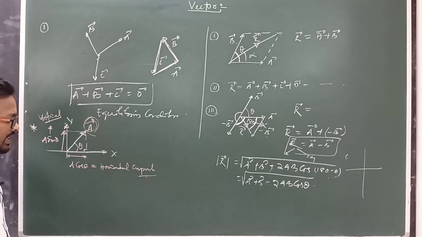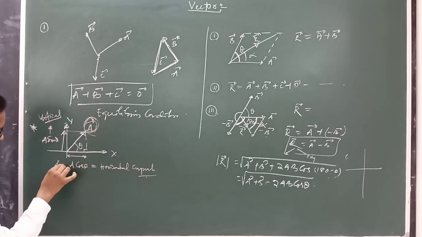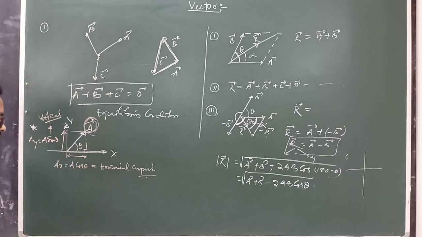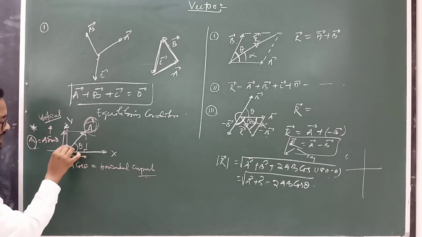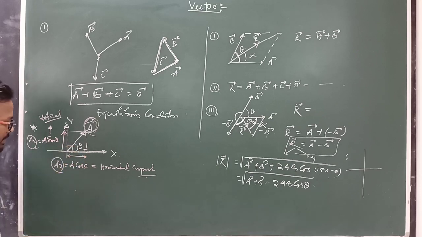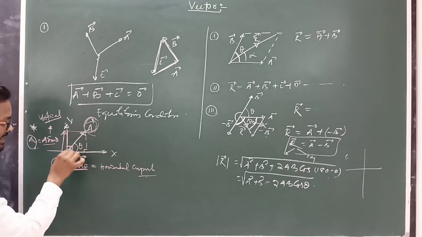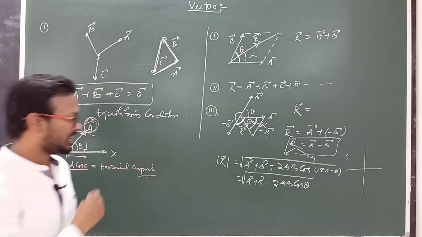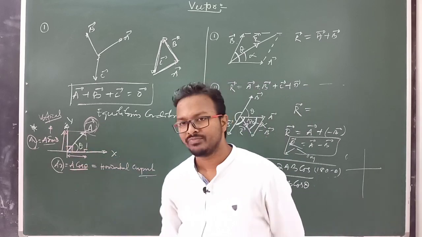This is the horizontal component along x of vector A, which we already know as Ax, and here Ay. This is the resolution of a vector, and these two, Ay and Ax, are known as rectangular components. Why? Because the angle between the two rectangular components, A cos theta and A sin theta, is 90 degrees. So they are known as the rectangular components of vector A along the x-axis and along the y-axis.